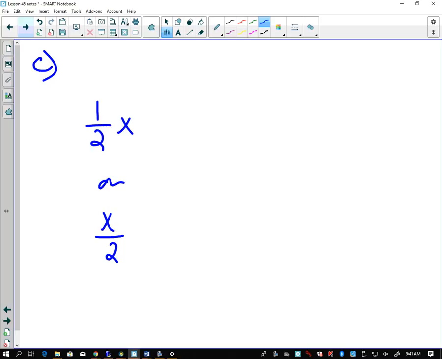And it says the sum of half a number, right? So what am I going to be doing with this half a number? I'm going to be adding something to it. The sum of half a number and 3. So what am I adding to half a number? 3.